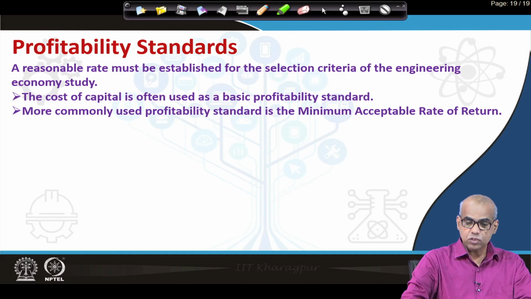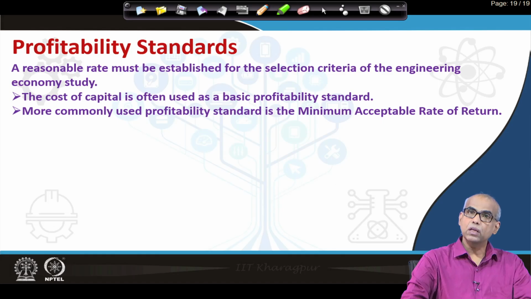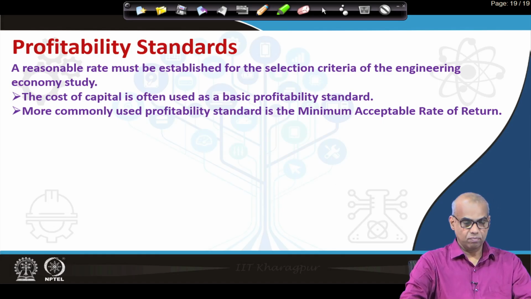The cost of capital is often used as a basic profitability standard. Second, which is more common and generally used, is the minimum acceptable rate of return. So, the two types of profitability standards are the cost of capital and the minimum acceptable rate of return. The minimum acceptable rate of return is the more commonly used profitability standard.